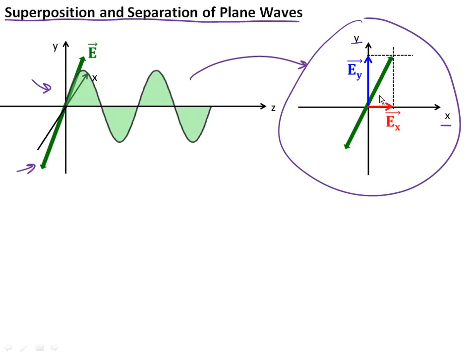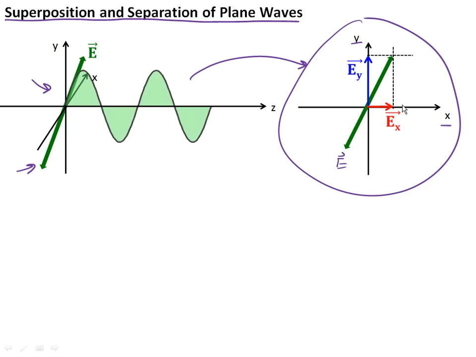And you can see here that we can represent the overall electric field vector, E, which is that green line, as the sum of two components, an electric field vector in the y direction and an electric field vector in the x. And this is a really important point, and it's worth repeating. I can take any electric field and represent it as the sum of multiple electric fields.